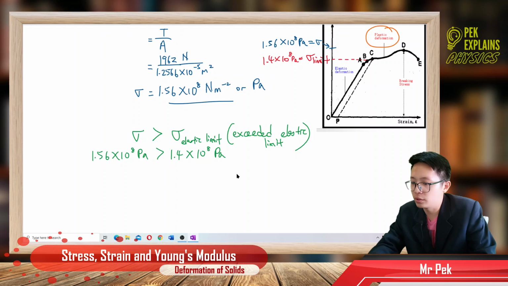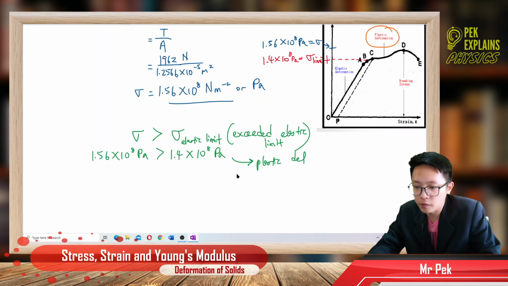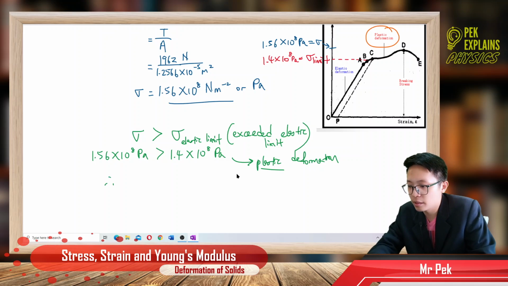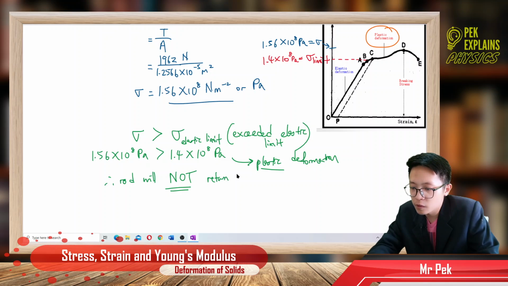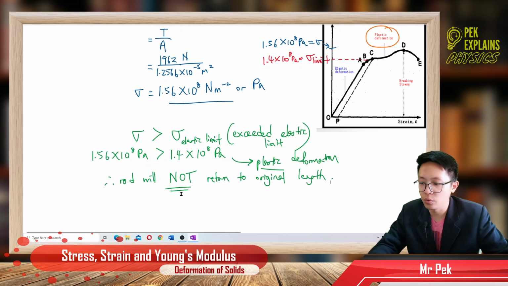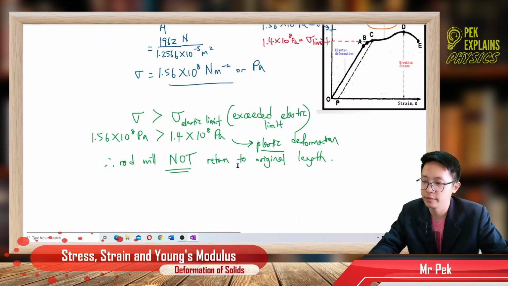So it undergoes plastic deformation, which means the rod will not return to original length. It's more than the elastic limit.